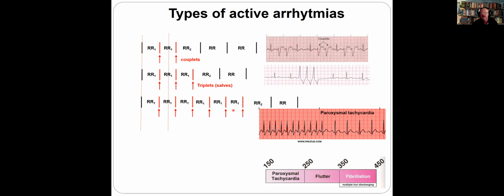All right. Now, the rate of this tachycardia can be paroxysmal, as you see here, for example, in the atrium, when the rate is around 150 to 250, we call it paroxysmal tachycardia. If the rate of the atrium is over, for example, 250 to 350, that is called flutter.